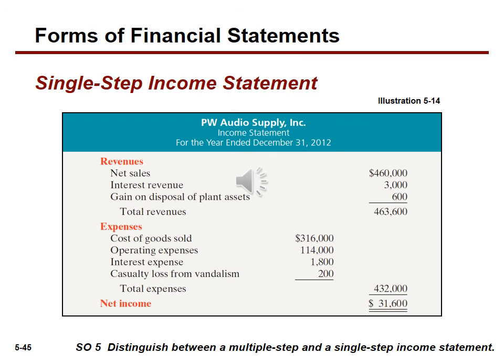These three items give us the total revenues, which are in this case $463,600. And then you have the expenses section where all of the expenses are also compiled together, giving us the total expenses. We subtract the total expenses from the total revenues and we come to the net income figure, which is the same number, of course, we got in the previous income statement, $31,600.